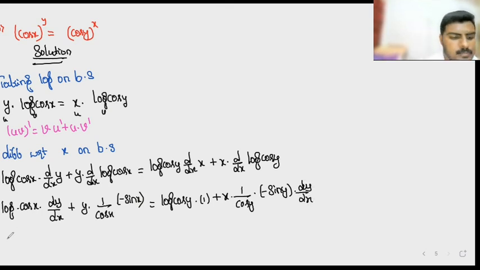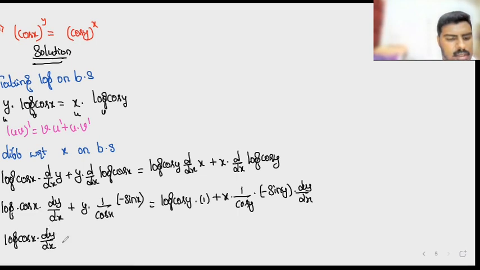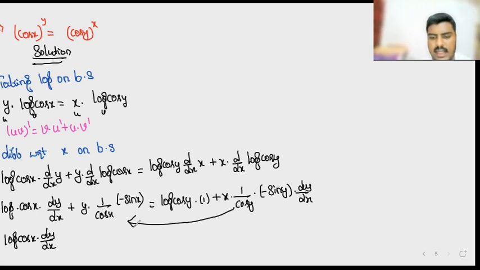Now observe, dy by dx terms we take to one side and the others to the other side. So log cos x into dy by dx, and here plus into minus comes to a minus. When it is shifted to the LHS side, sin y by cos y, that means tan y, comes with plus, into x, into dy by dx.